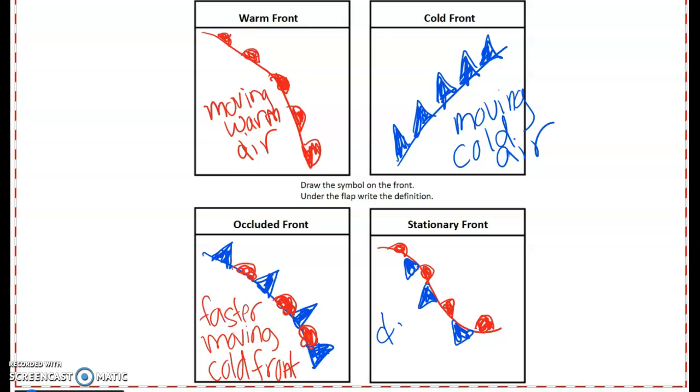So they don't replace each other. They're not really strong enough to replace each other on the stationary front. So go ahead and fill out that front sheet. Hit pause until it's filled out, and then we're going to go to one more sheet.